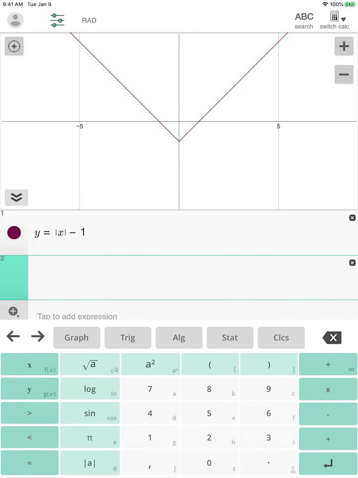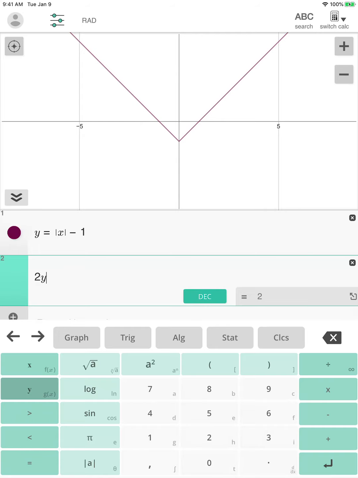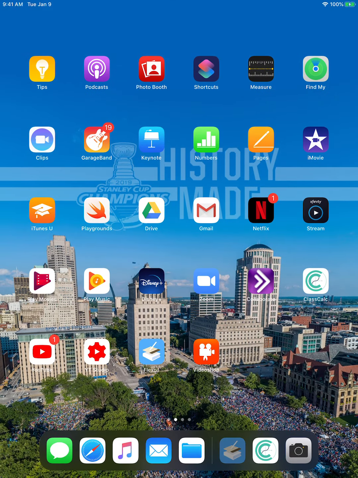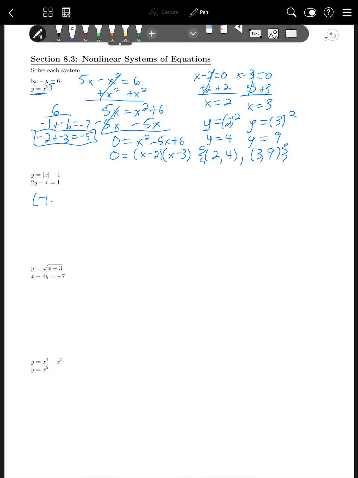And then I graph 2y minus x equals 1. I can click on these points where they intersect and get the solutions really quickly and easily: negative 1 comma 0 and 3 comma 2. Okay, so that's all there is to solving equations like this.